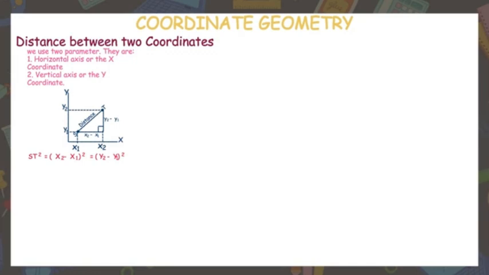So what is the meaning of this x2 minus x1? That is change in x coordinate and change in y. That is increase in x coordinate and increase in y coordinate.